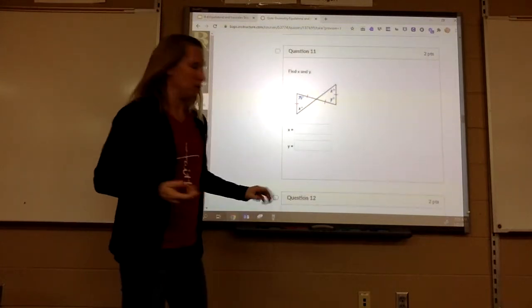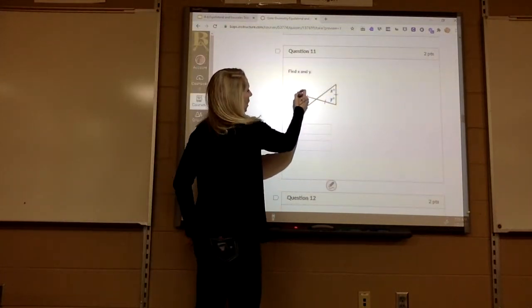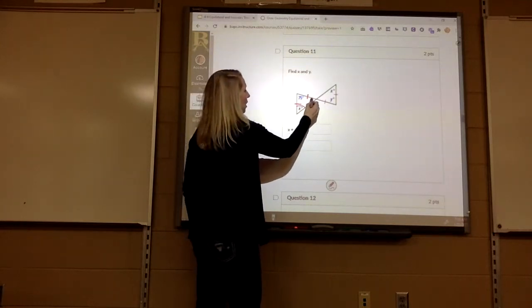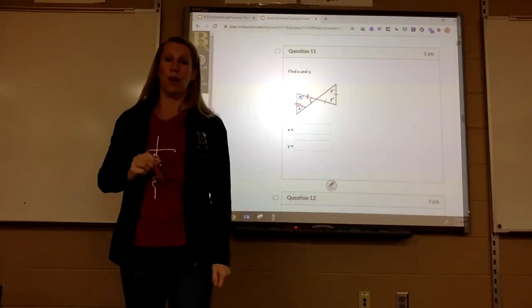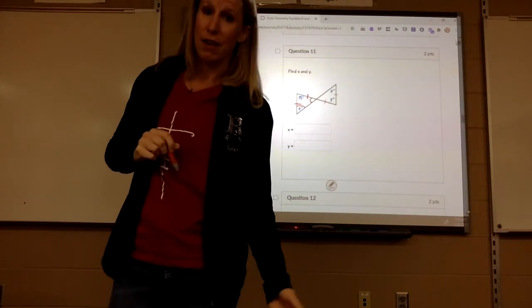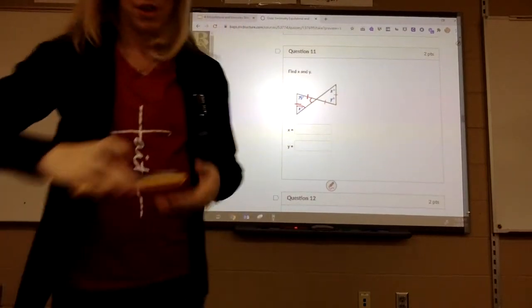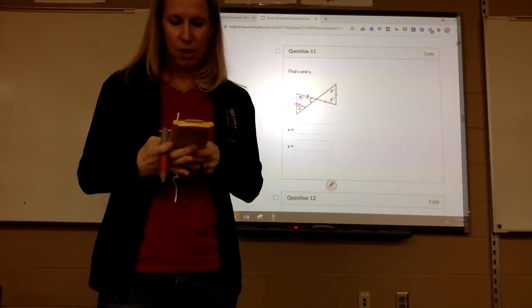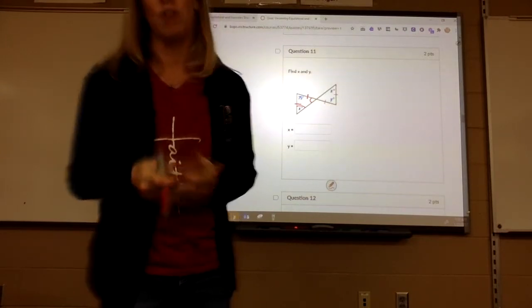So we could look at it if you want. So this is an isosceles triangle. So these two angles would be equal. So if you do 180 minus 75, you get 105. Then you're going to have to do 105 divided by 2, which is 52.5.